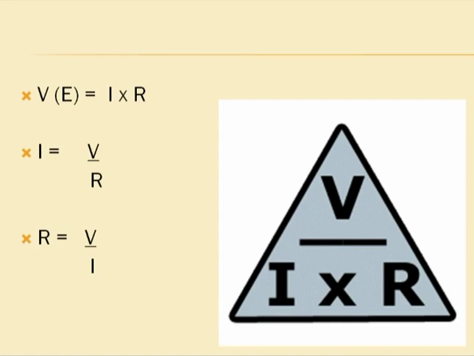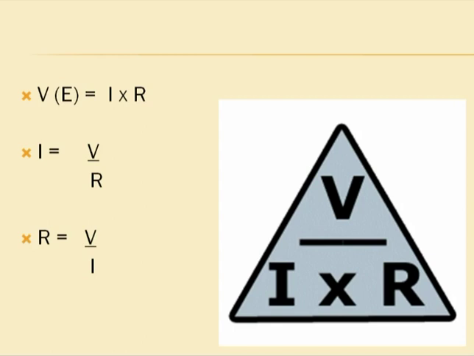But from the same equation, we can say that V is equal to I into R, then R is equal to V upon I, and as we already have one equation, I is equal to V upon R. So V upon I into R will form your magic triangle. Suppose I want to find the resistance, I have to cross the resistance.